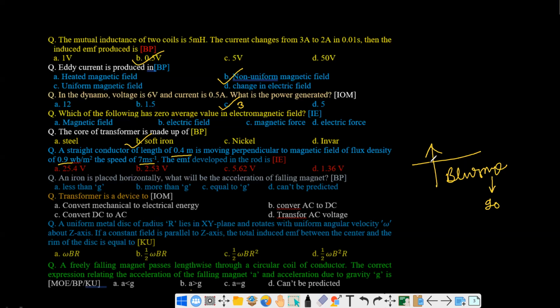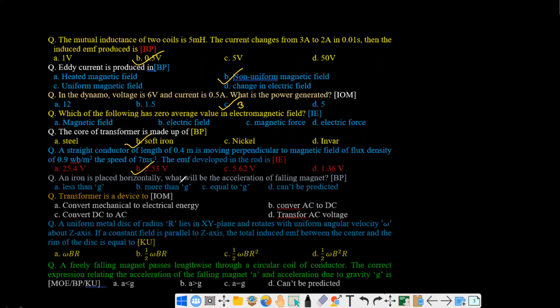So this gives us simply 2.52. This is 2.53 nearly. So I just got an answer as well. So let me just take the correct answer in here. So the value of induced EMF is this one.